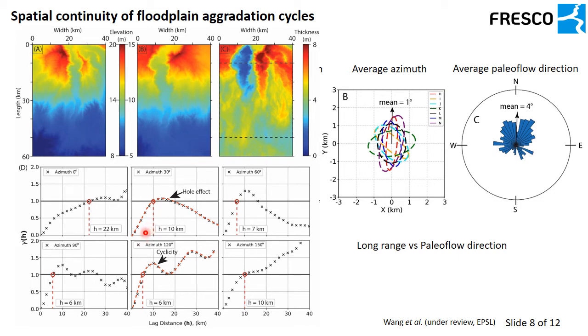And similarly, we find this hole effect cyclicity pattern that we have observed in the field data. So now we observe similar patterns in numerical model data and field data. That means the processes in these two datasets might be similar.